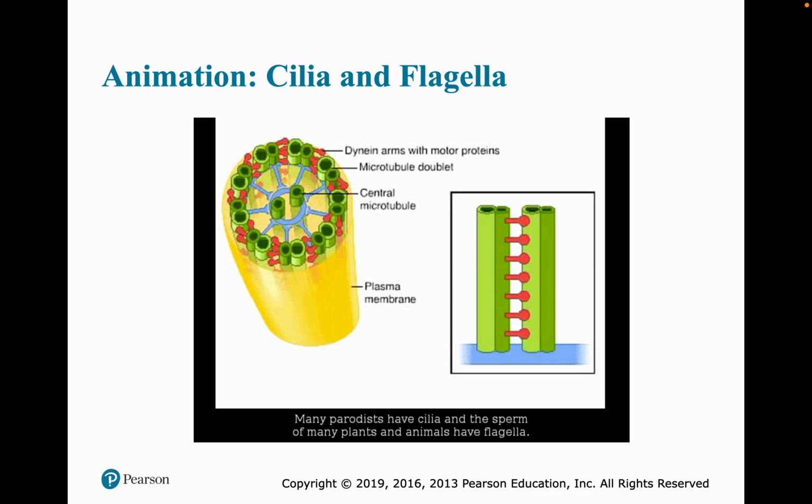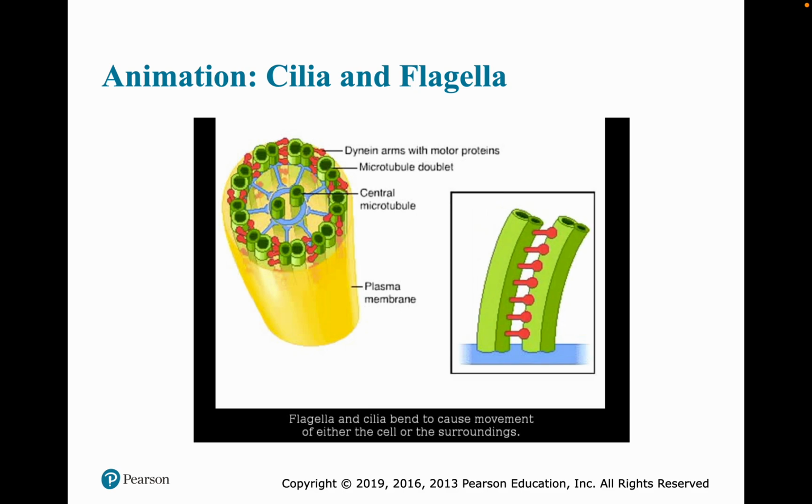Many protists have cilia, and the sperm of many plants and animals have flagella. Flagella and cilia are assembled from tubulin subunits organized to form a circular arrangement of 9 pairs of microtubules attached to a central pair. Flagella and cilia bend to cause movement of either the cell or the surroundings. The bending uses energy derived from the hydrolysis of ATP.